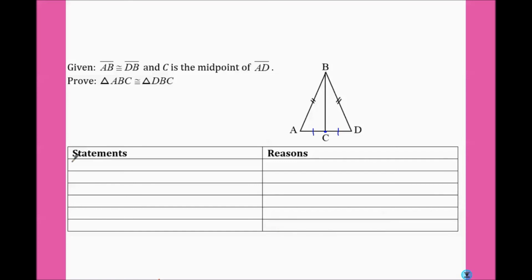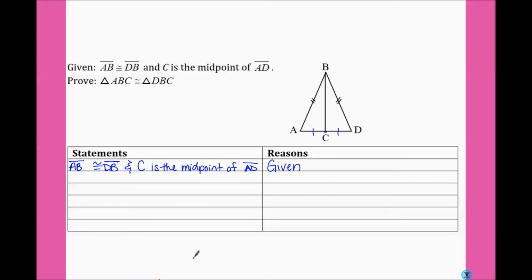So we know that AB is congruent to DB, and that was given. Now, an option is also that you can put all your given information in the same line. So we also know that C is the midpoint of AD. So sometimes you'll write them separate.